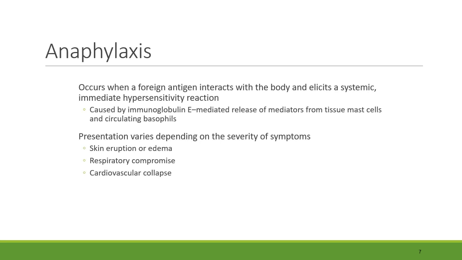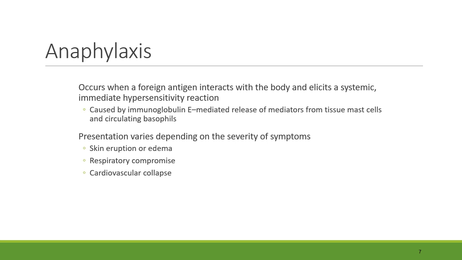Anaphylaxis. This is a second type of distributive shock that results from peripheral vasodilation. Anaphylaxis, or anaphylactic shock, occurs when a foreign antigen, like a bee sting that you're allergic to, interacts with the body and elicits a systemic immediate hypersensitivity reaction caused by an immunoglobulin E, or IgE.